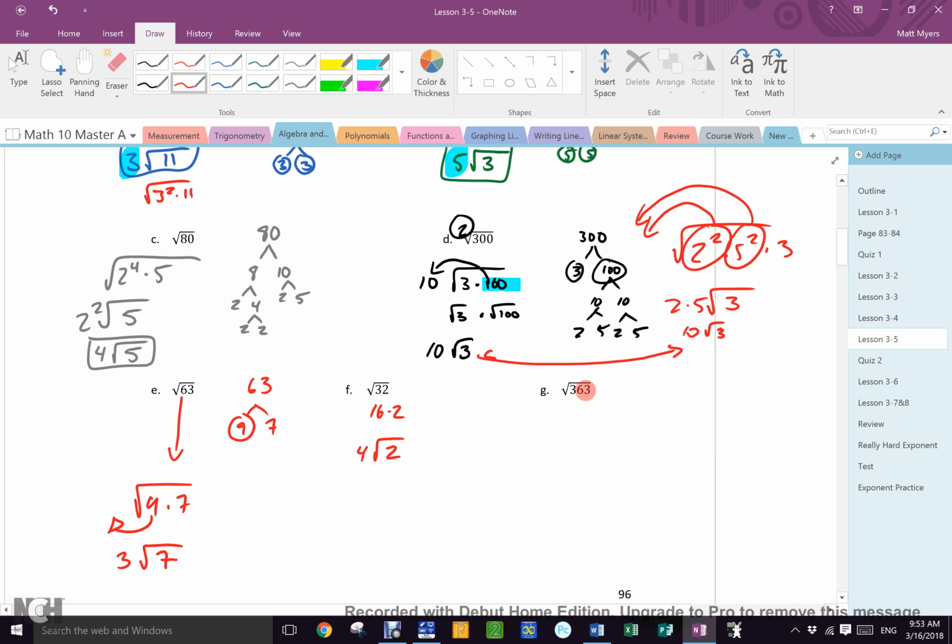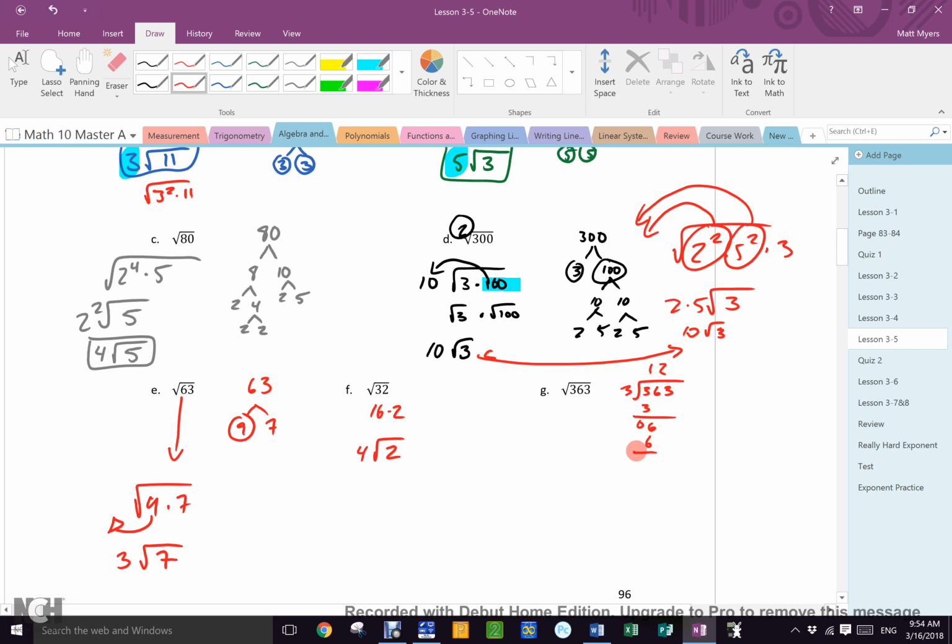Okay. What about 363? What can I automatically divide 363 by? 3. And what does that give me? How many times 3 go into 3? Once. Right? 3. 0, bring down the 6. How many times 3 go into 6?